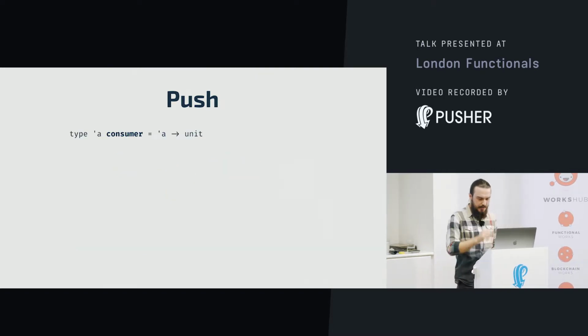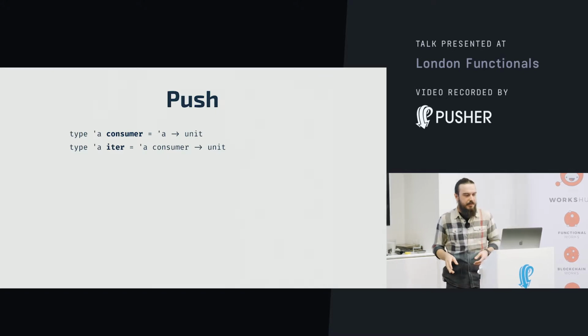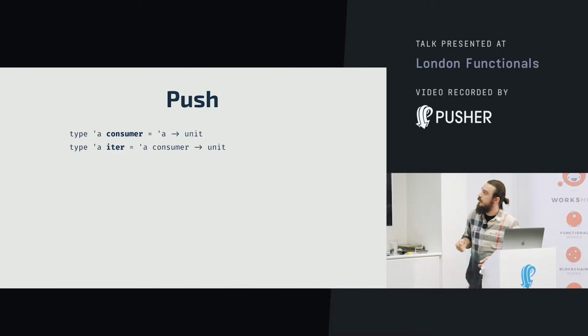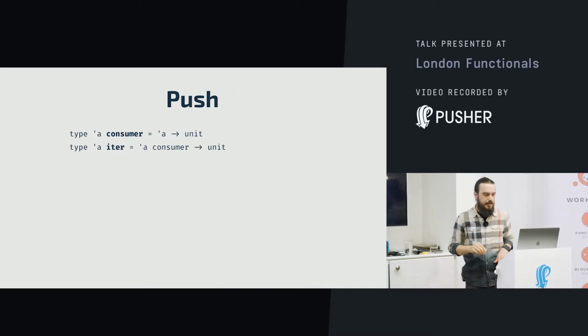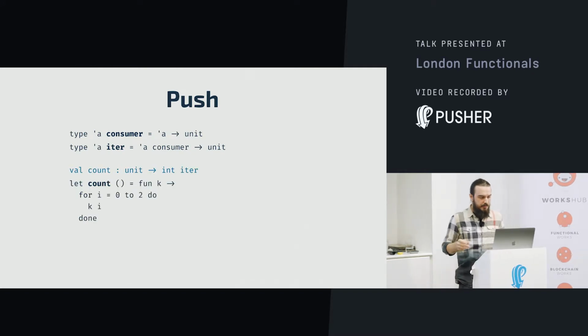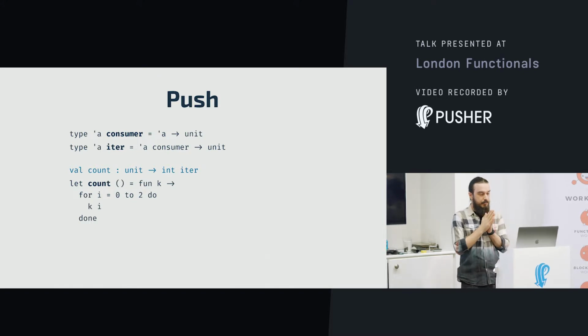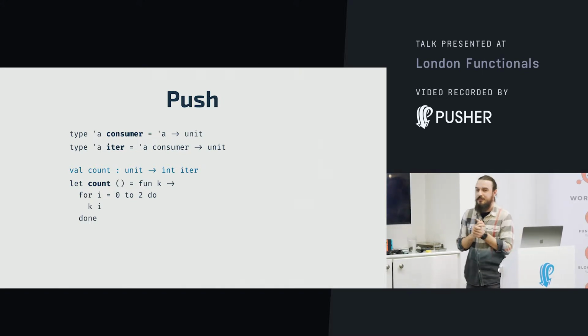Now, let's do exactly the same thing and try to implement count with this. We have our type, so the iterator is something that takes a consumer and then returns unit. This is how we define count, the function that I showed you previously. For loops, you don't have those in Haskell.